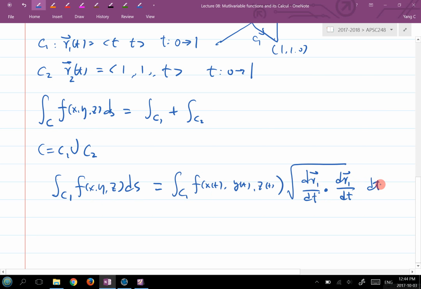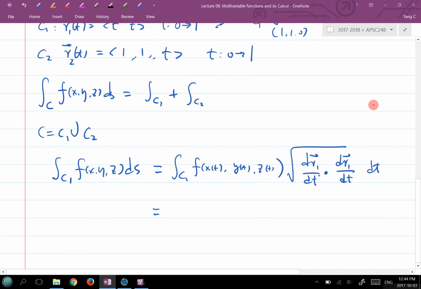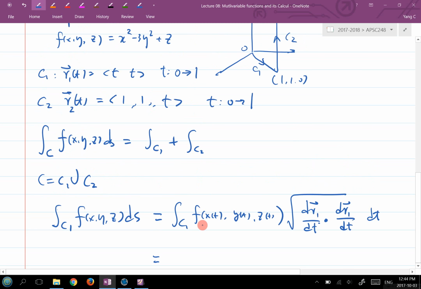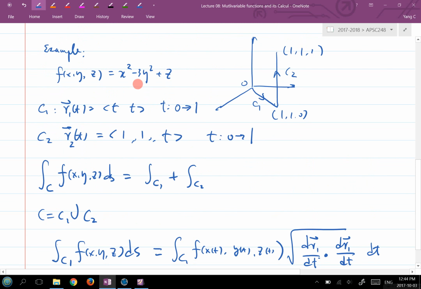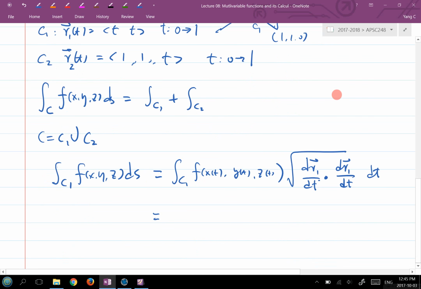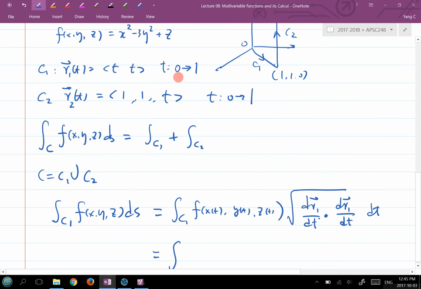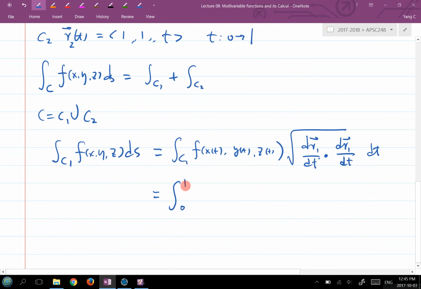Now let's take a look at everything here. What's the function f? The function f is given over here. For C1, we need to replace x with x of t, which is t, replace y with y of t, which is t, and replace z with 0. And t's range is from 0 to 1, so you can put the limits 0 to 1.